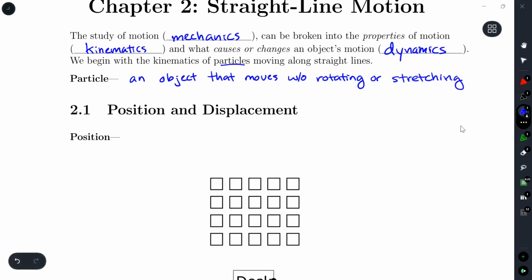Okay, so the first thing we need to consider is something's position, where it is. Object's location relative to some reference point.